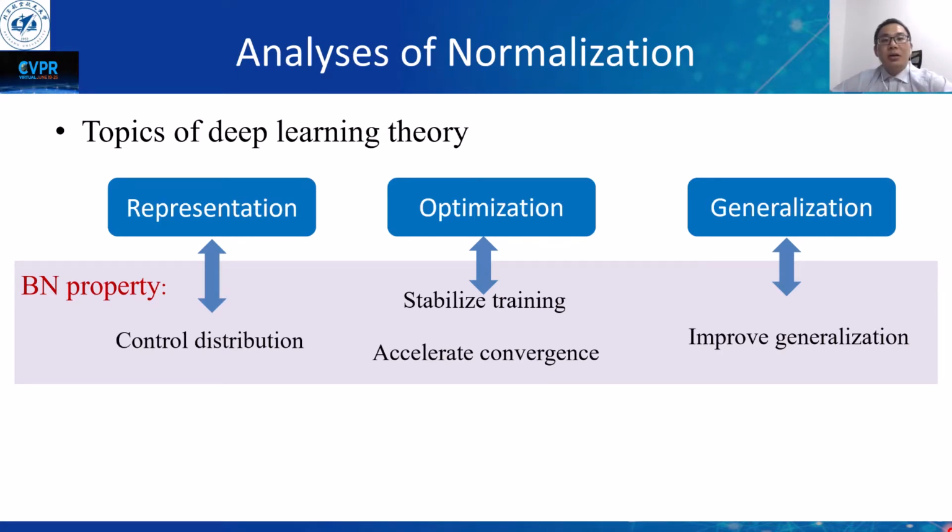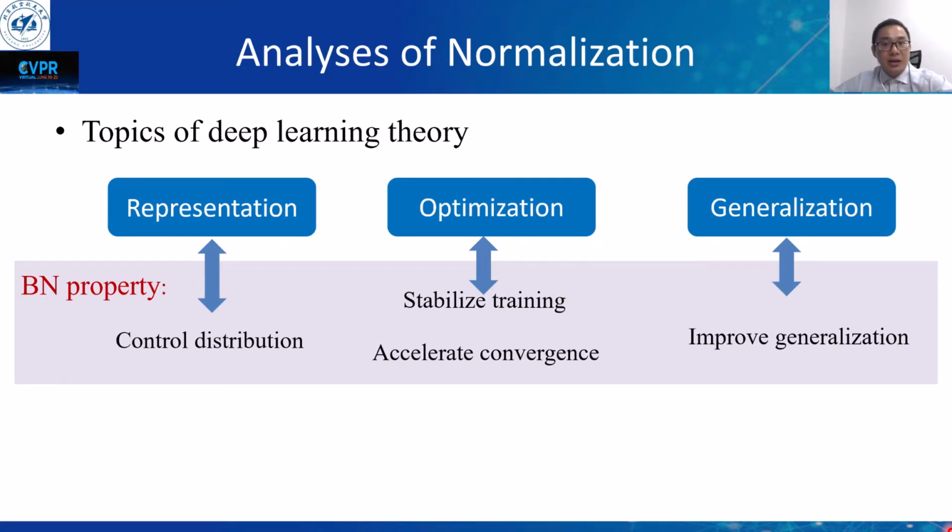Another major part of potential theoretical foundations is the generalization ability, which refers to the capacity of models, when trained on the training data by deep learning algorithms, to predict on unseen data. In this tutorial, we mainly focus on batch normalization because it displays nearly all the benefits of normalization in improving the performance of deep neural networks.